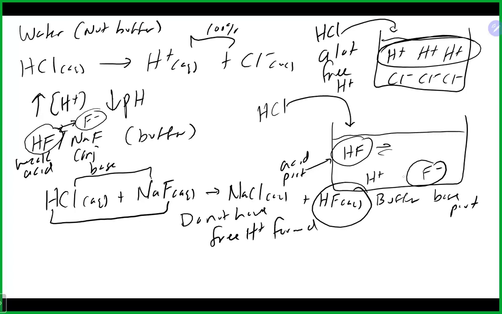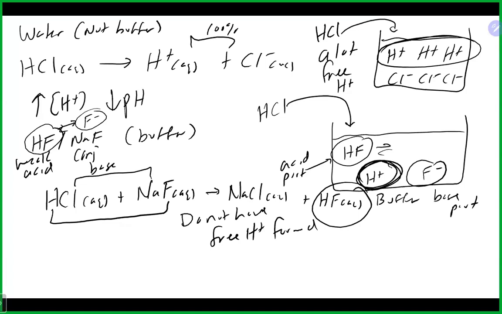Because of that, the H plus that we started with in this solution will remain relatively constant, and the pH will not shoot around all that much. It will stay pretty much where it's at. Will it go down a little bit in this case? It will, but it won't make a giant jump like we talked about from a pH of 5 down to a pH of 1. There won't be this big drop. It'll go from maybe a 5 to like a 4.9 or something like that, maybe 4.95. It won't drop a lot.